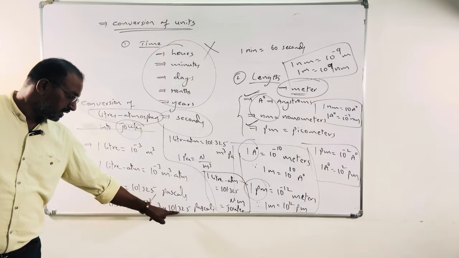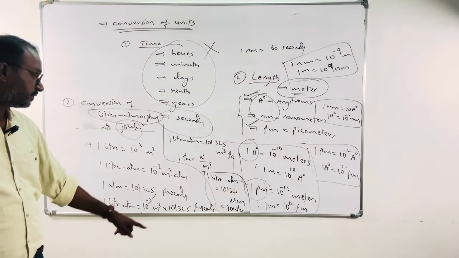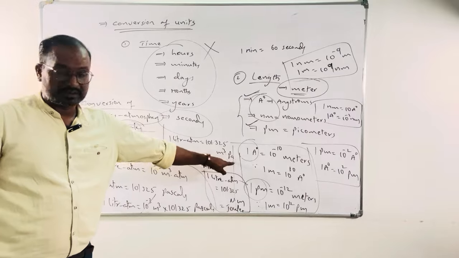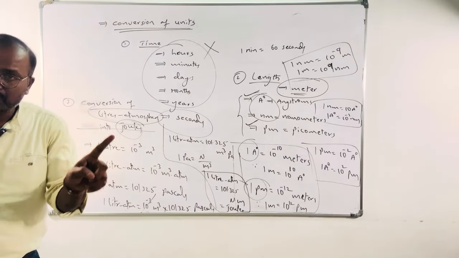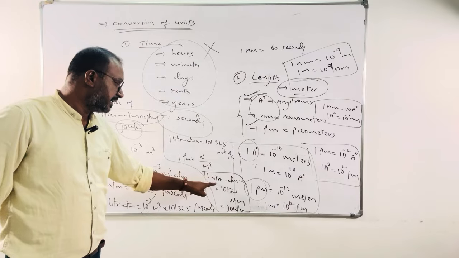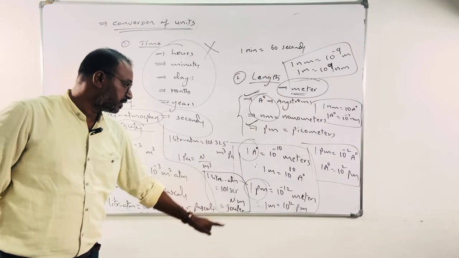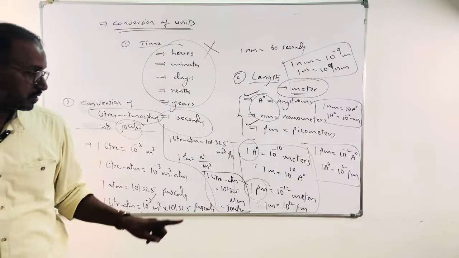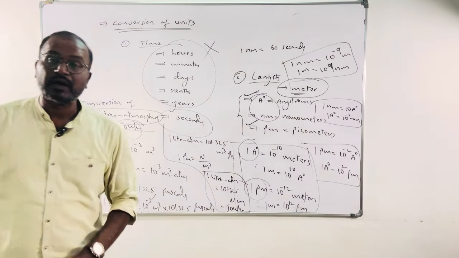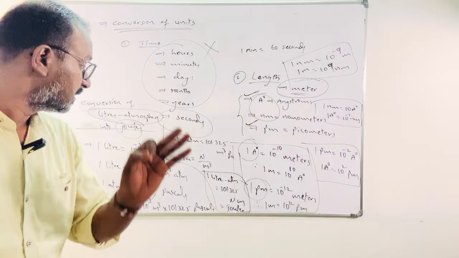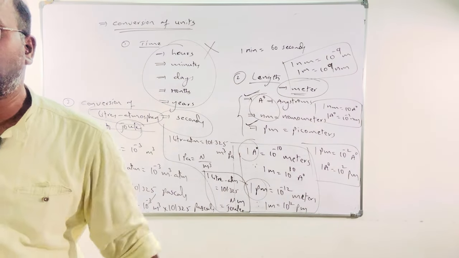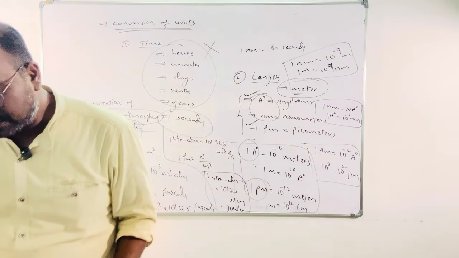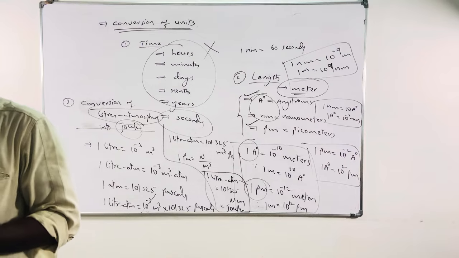If I divide this by 1000, you will get 1 liter atmosphere equals 101.325 meter cube pascals. 1 pascal equals newton per meter square. So then 1 liter atmosphere equals 101.325 newton meters. 1 newton meter equals 1 joule. So 1 liter atmosphere equals 101.325 joules. Like that, you can convert liter atmospheres into joules.